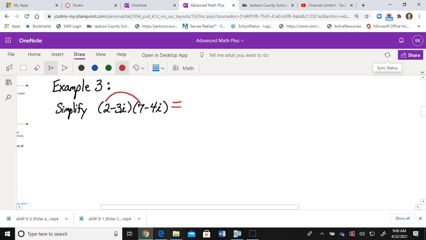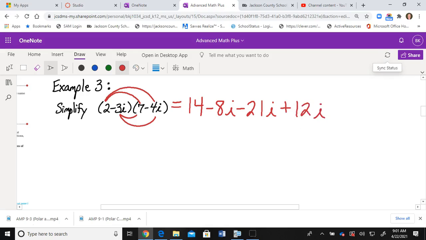First, 2 times 7 is 14. 2 times negative 4i is negative 8i. Negative 3i times 7 is negative 21i. And negative 3i times negative 4i is positive 12i squared.